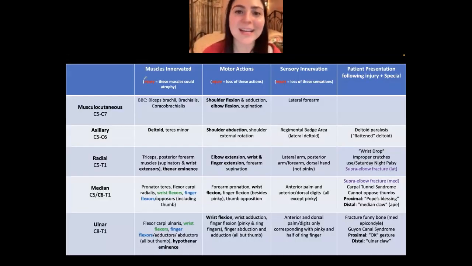So a few summary slides before we end here. This is just for studying purposes. It's what the muscles are innervated, the motor actions of that nerve, the sensory innervation, and then how the patient would present, and then any special findings, meaning like the claw hands, which is mostly median and ulnar.